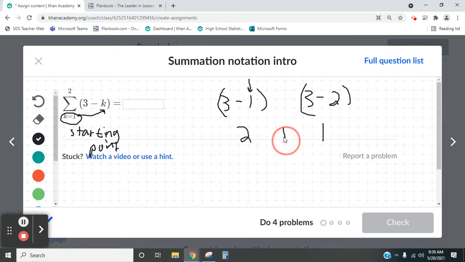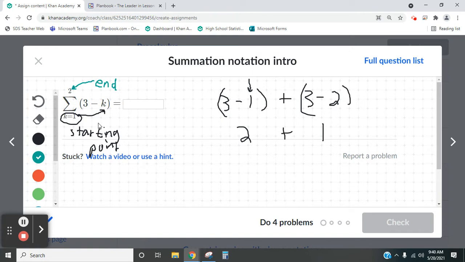We're going to add them. Now, this is why this is easy. This is the last one. So this is the end. This is the last number we're going to plug in. So in this example, they're saying, hey, start with 1, end with 2. So we're only plugging in 2 numbers. We plugged in 1, we plugged in 2.